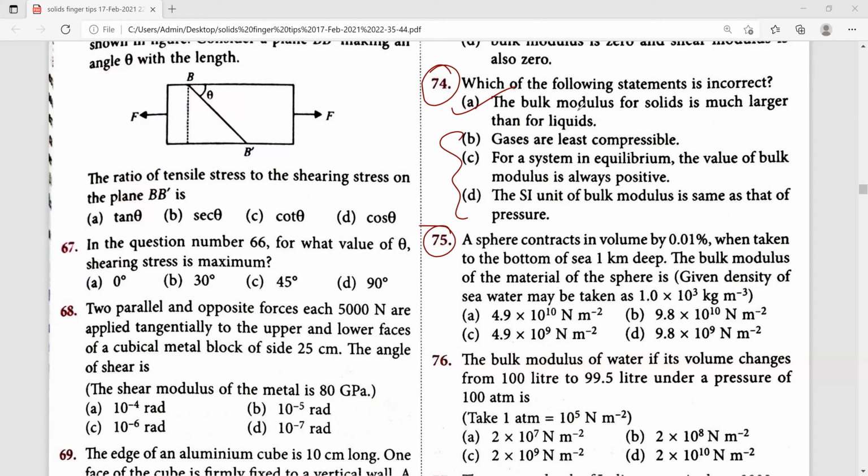75th one. A sphere contracts in volume by 0.01% when taken to the bottom of a sea 1 kilometer deep. The bulk modulus of the material of the sphere is? The density of seawater is given, and using that we have to calculate. What they have given is delta V by V, the change in volume to the original volume, as 0.01 divided by 100.